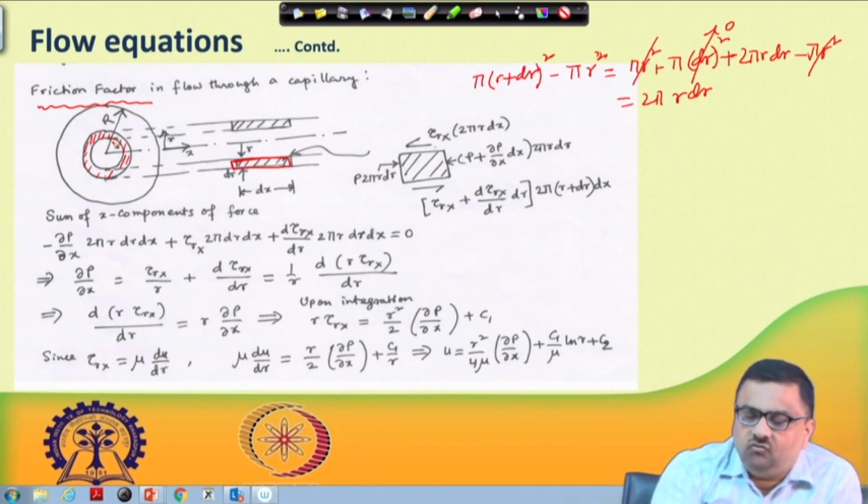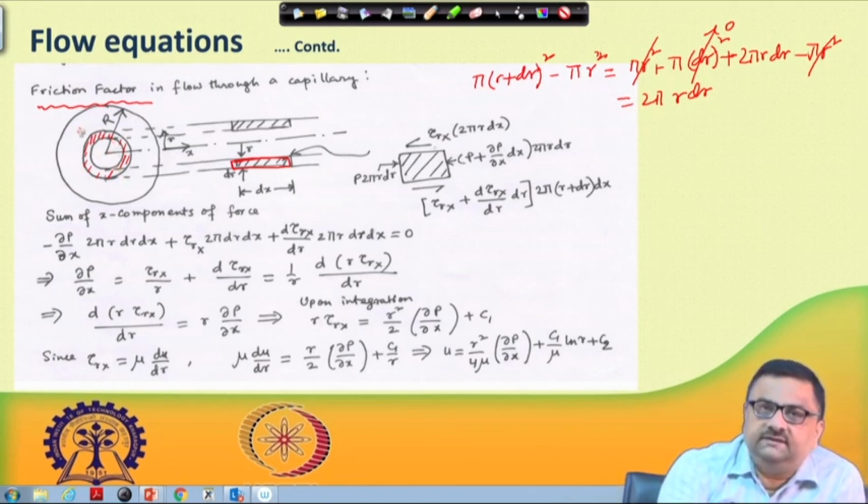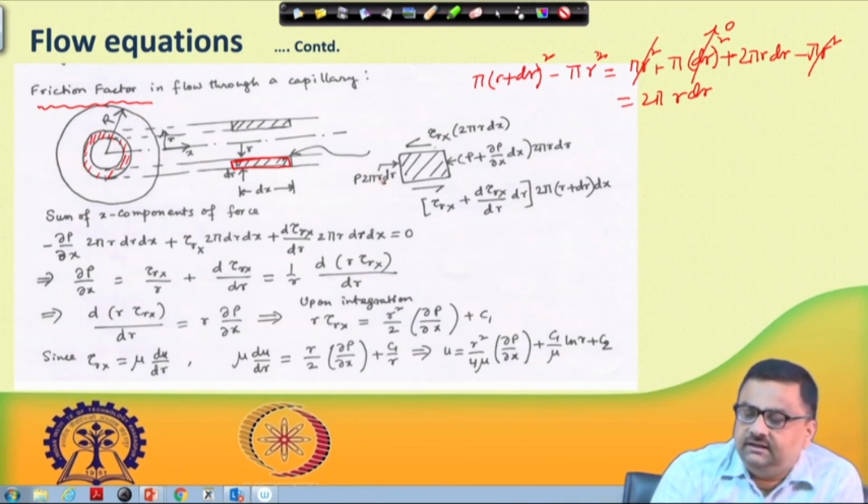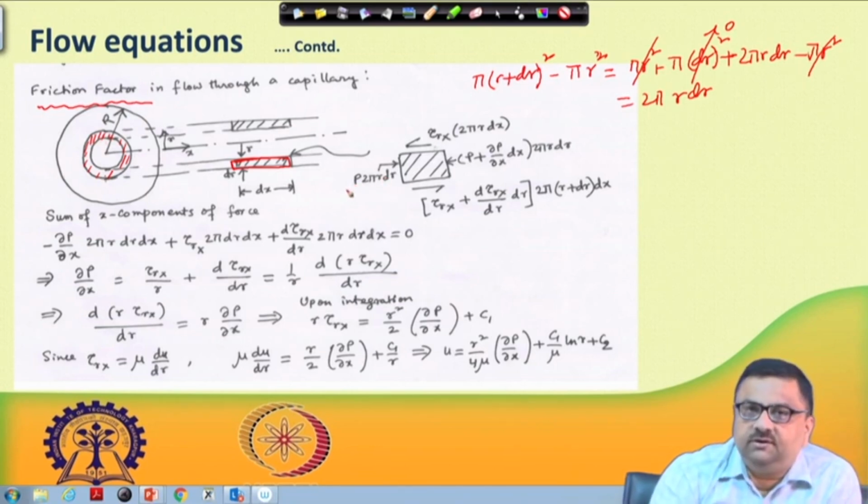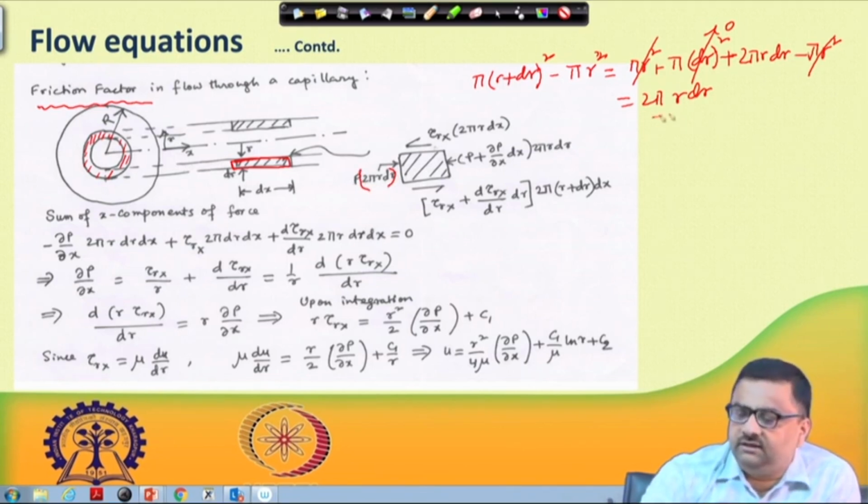So, over this annular area, pressure P is acting over this entire cross sectional area. The force would be pressure P into area, and this area is 2 pi r dr, which we found here.